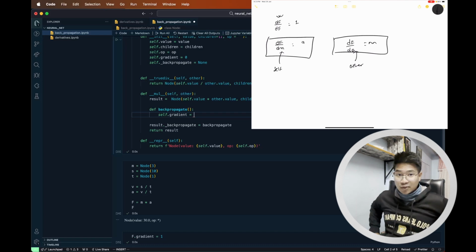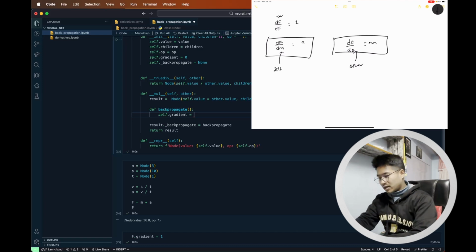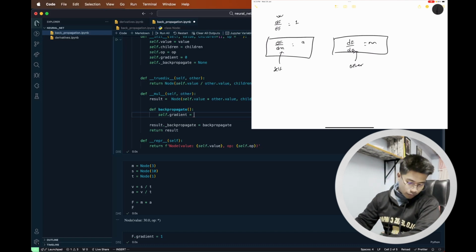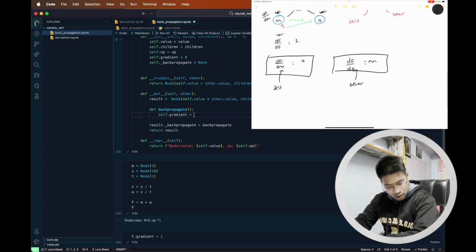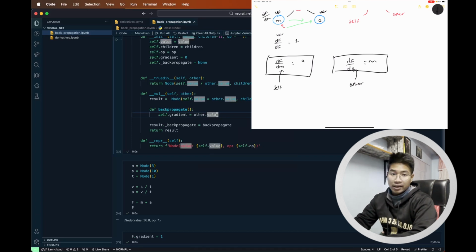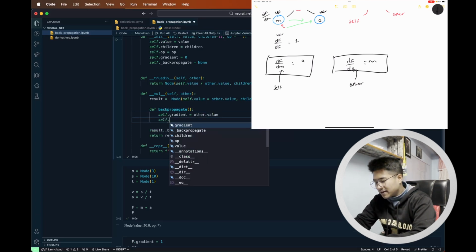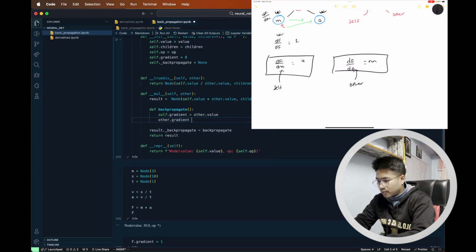That's what I want to set when I do a backpropagate. So I want to say it is equal to what now? If self is m, then I would like to assign it to other dot value. And the other dot gradient would be self dot value.